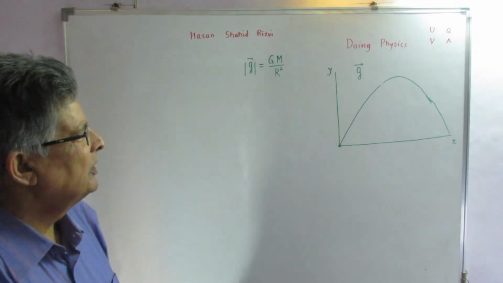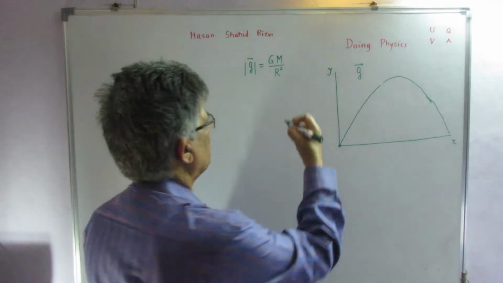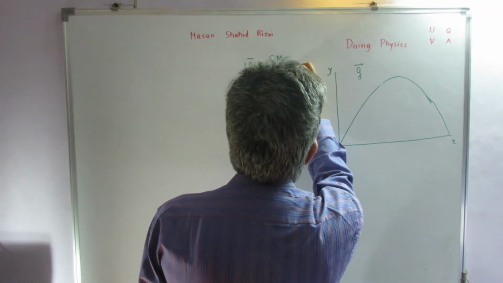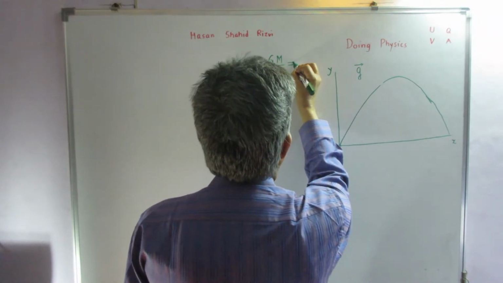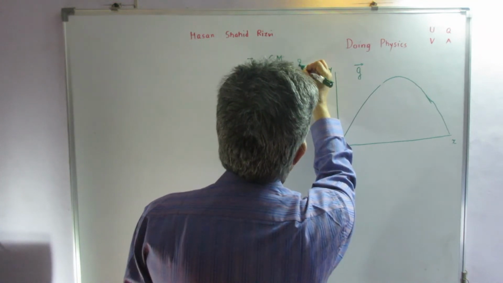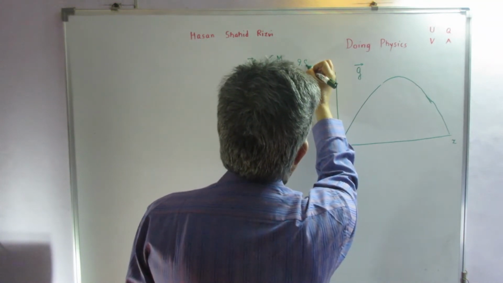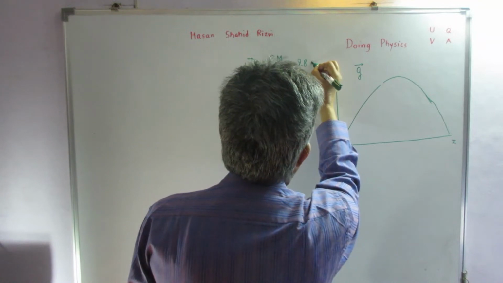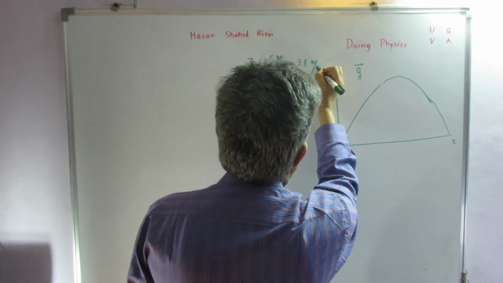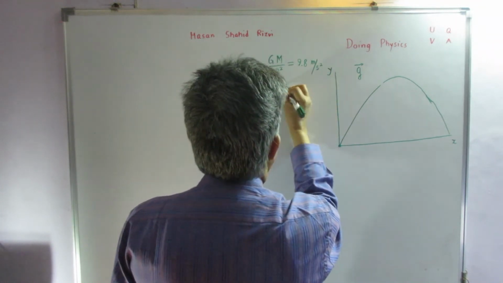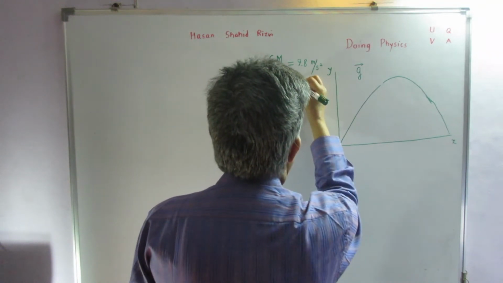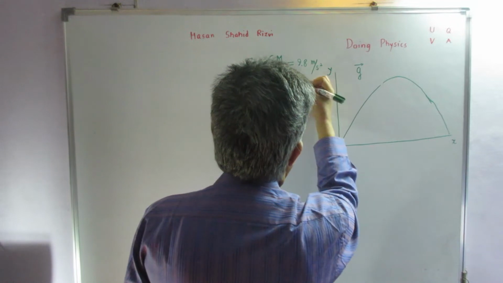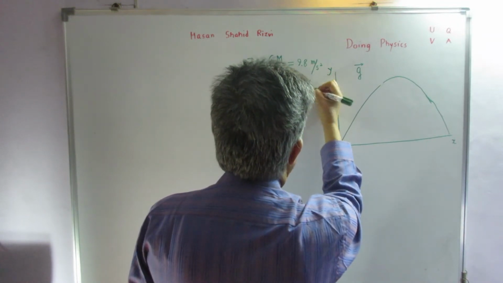And I told you that this is approximately, for example in my city and in most of the cities that you have, 9.8 meter per second square, which I can approximate as 10 meter per second square.